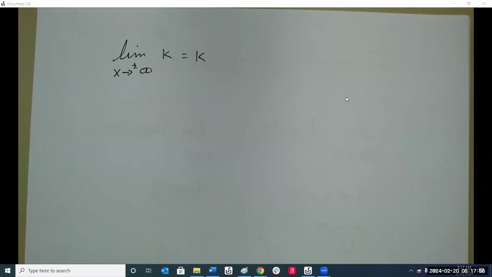Why is that true? What's the graph of a constant function? A horizontal line. So as x approaches any value c, what's y going to be? That constant. So that's pretty much a duh. It's always going to approach that value.